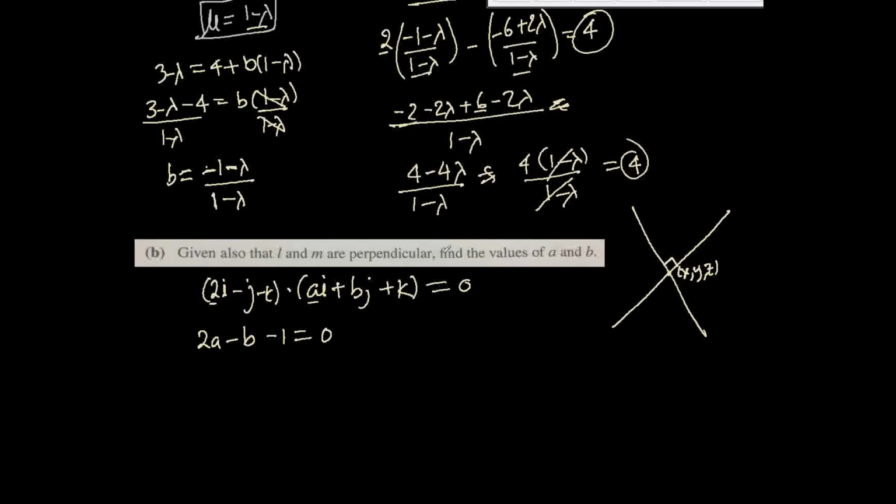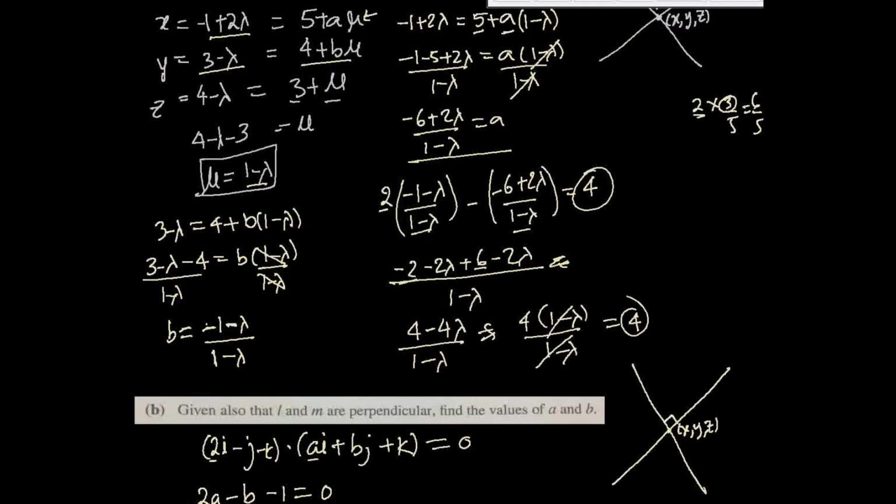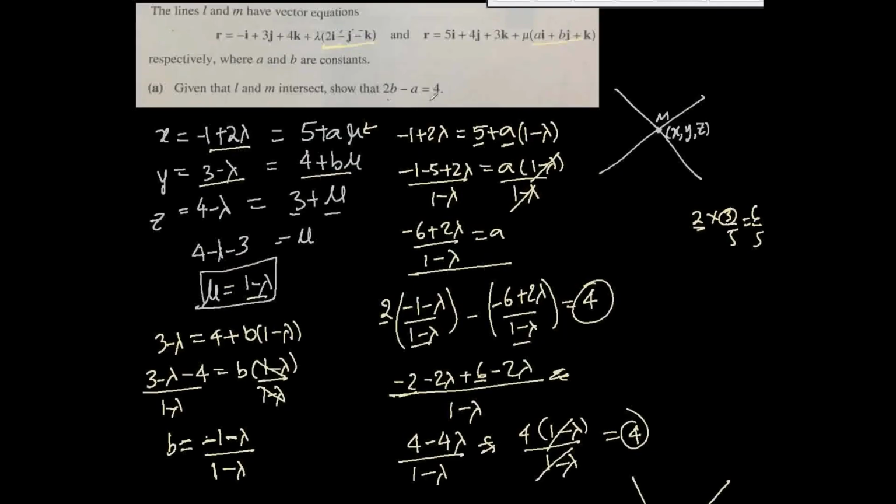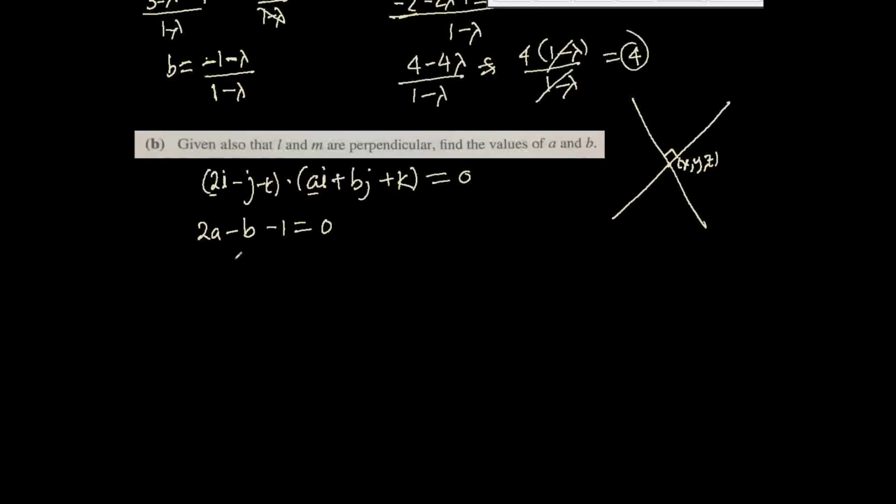Now we already had one equation which we proved earlier, which was 2b minus a equal to 4. So we will write here 2b minus a equal to 4. I just rearranged this equation so that I can cancel out something.